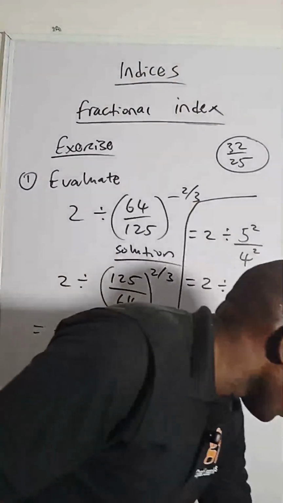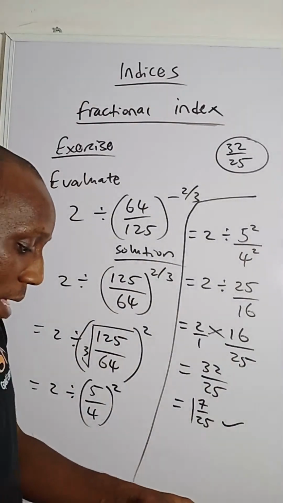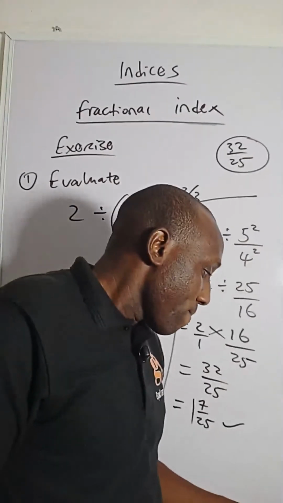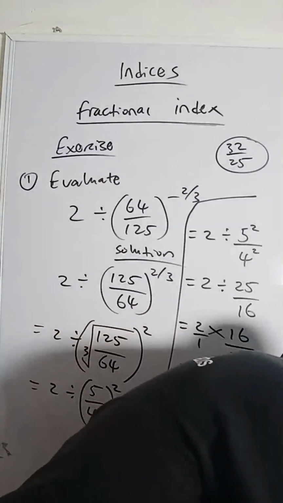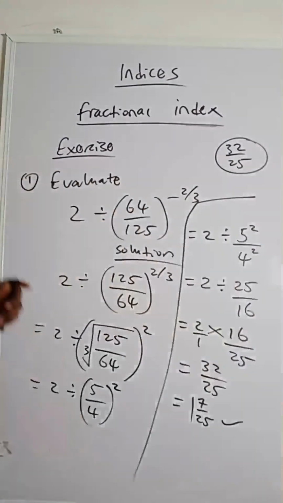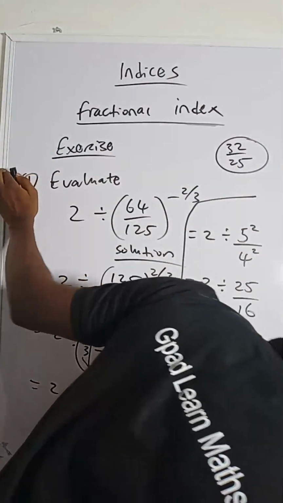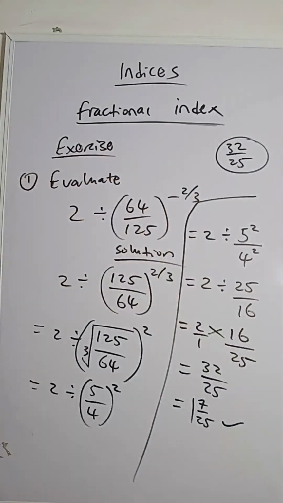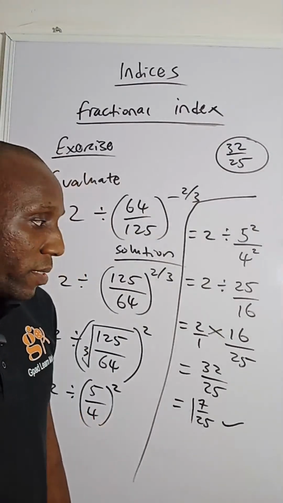Any question? If you do have questions, please ask me right now. Anybody? Okay, somebody said prove a raised to the power of 0 is 1. Yeah, we talked about the laws of indices earlier.